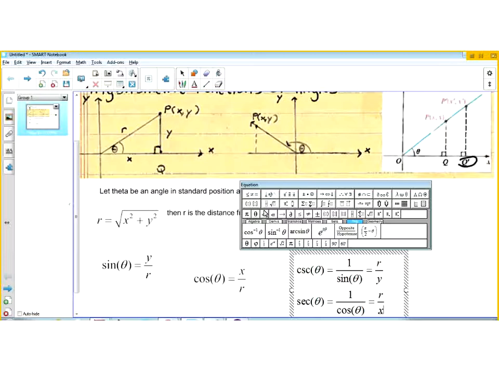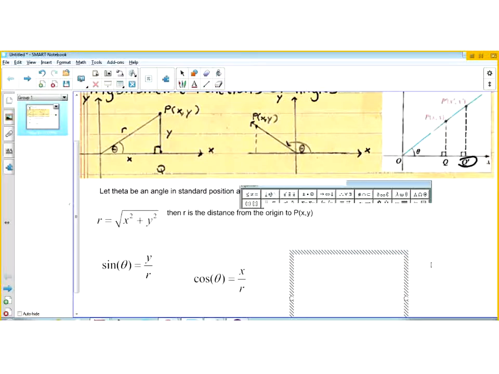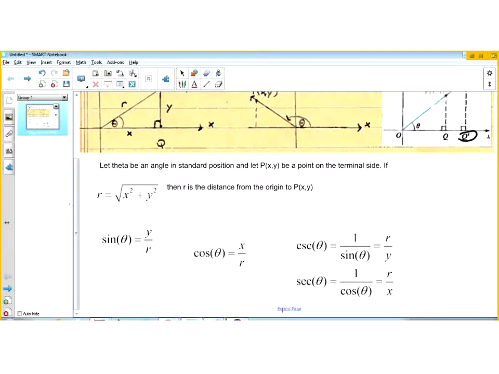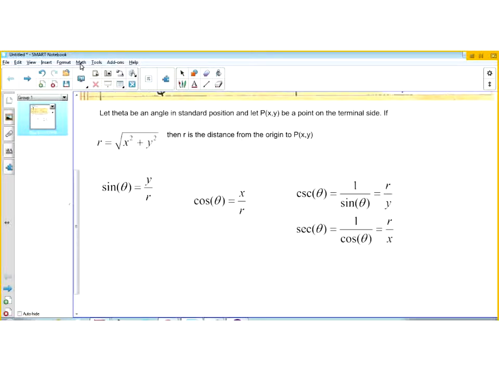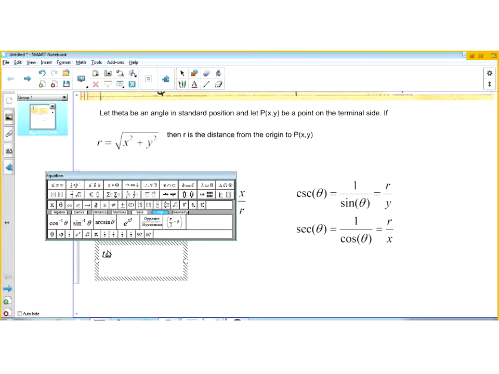Okay, and then the tangent of theta is equal to y over x. And then the cotangent of theta is x over y.